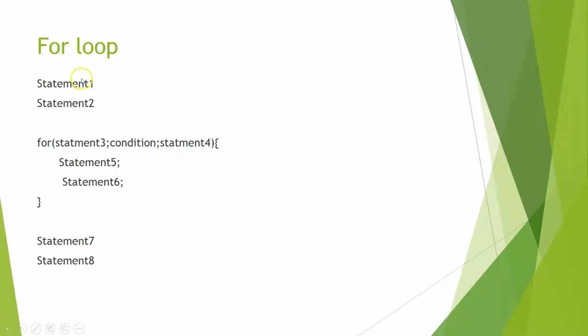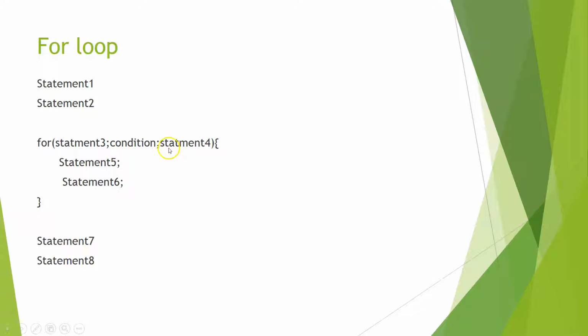At the start of this program we guarantee that statement 1 will be executed, then statement 2 will be executed, and now let's begin executing our loop. Statement 3 is the initiating statement, so it will be executed, and after executing statement 3, the program will check this condition, which is a Boolean expression. If this condition is true, the program will go inside the loop to execute statement 5, statement 6, and then end the loop. But after executing statement 6, it will execute the finishing statement, which is statement 4.